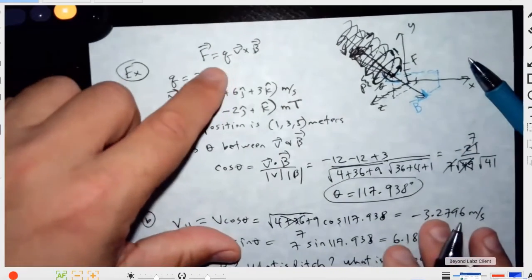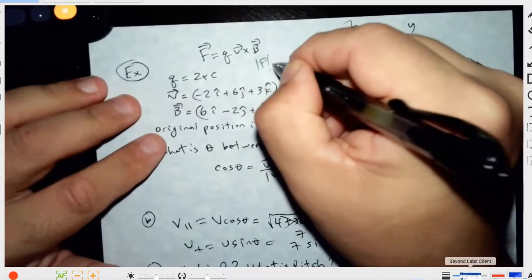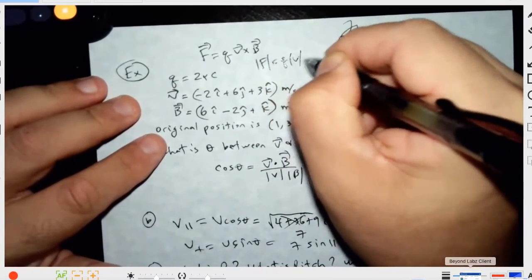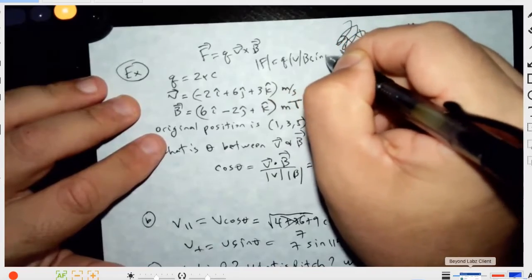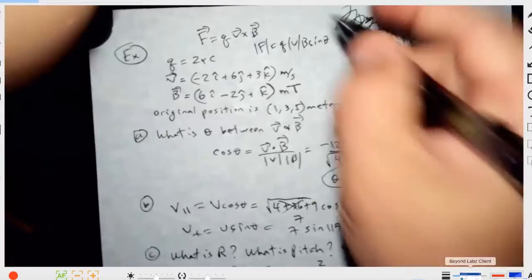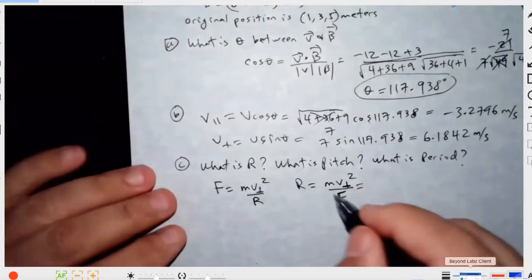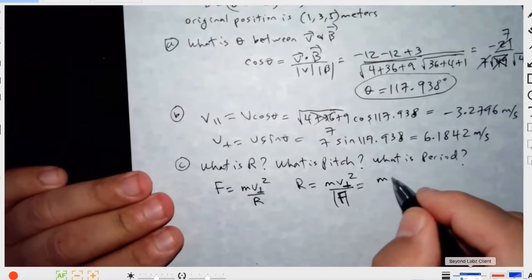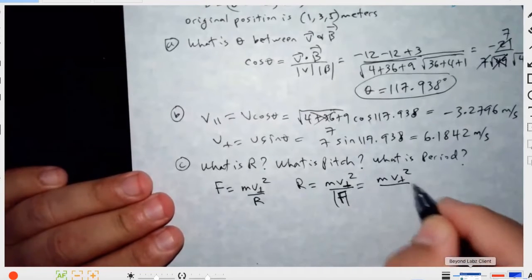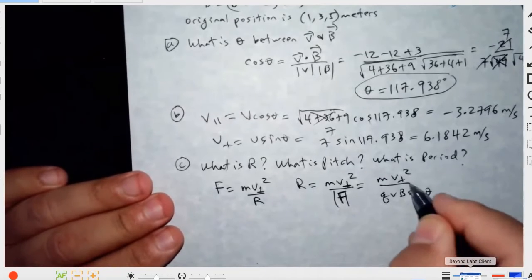For our purposes, we just need to know the magnitude of the force for now. So the magnitude of the force is qvB sine theta. Right, so if I put the magnitude of the force here, mv perpendicular squared over qvB sine theta.